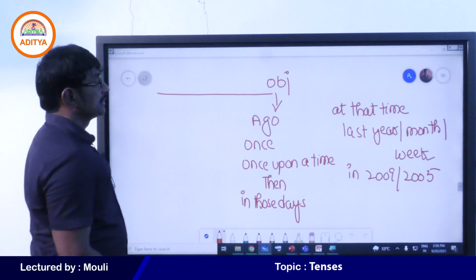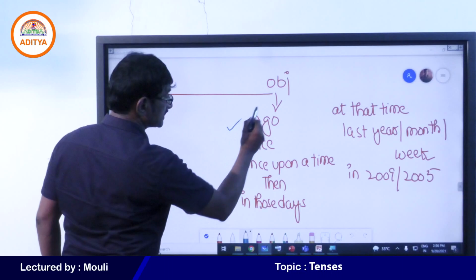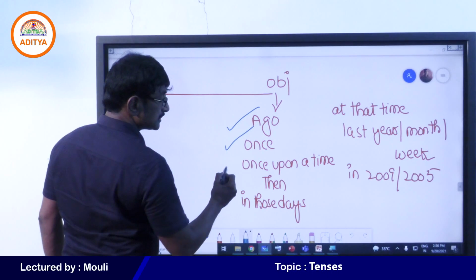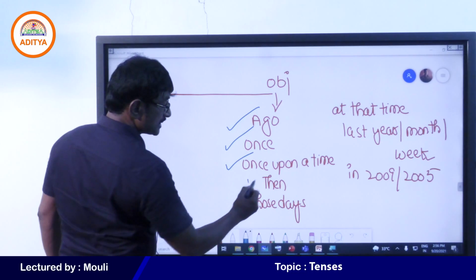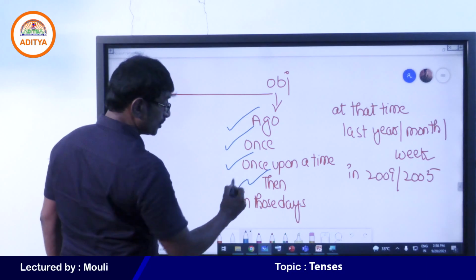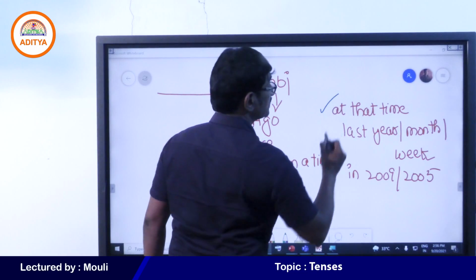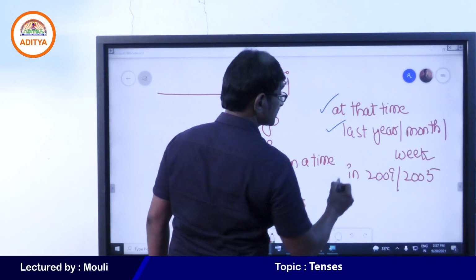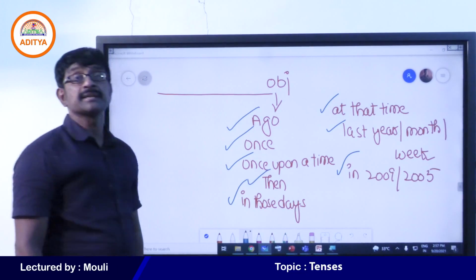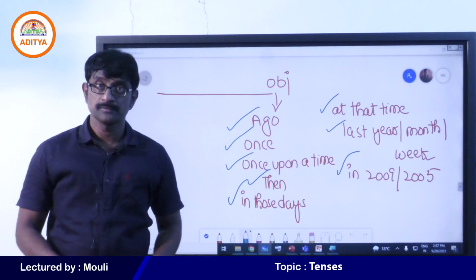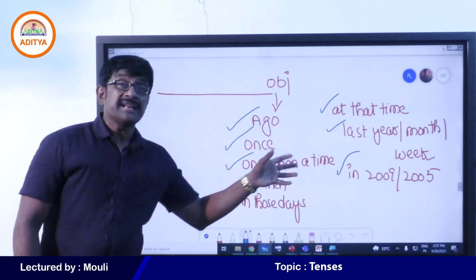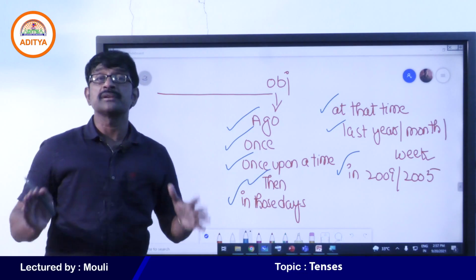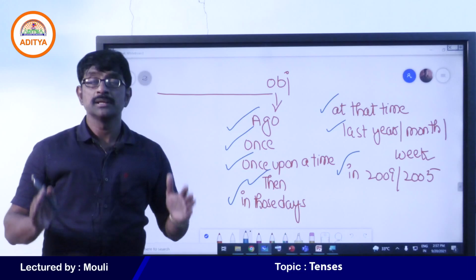You see now. Ago, past simple. Once upon a time. Then, in those days. At that time. Last year. In 2009 and 2005. That's it. Okay, students? Whenever these words come, we can recognize it as a past simple tense.